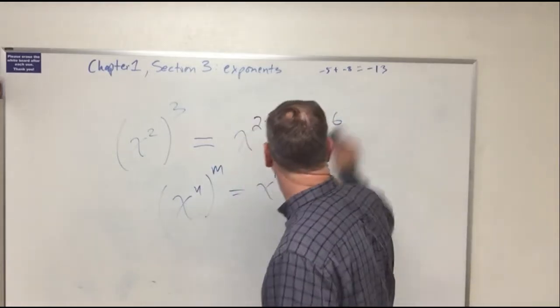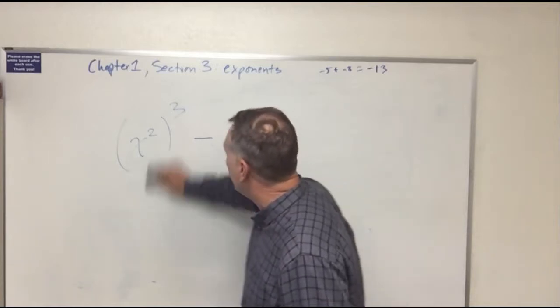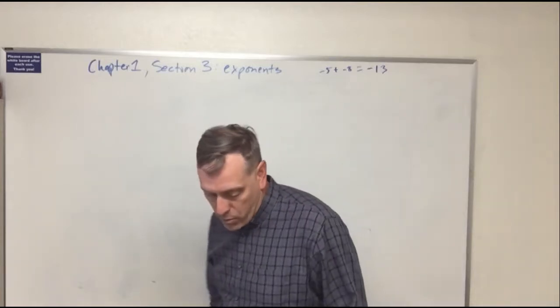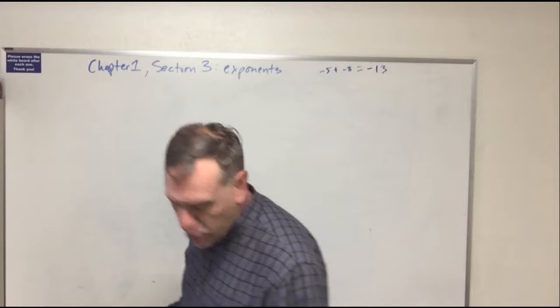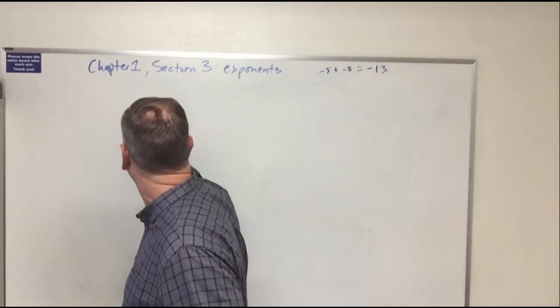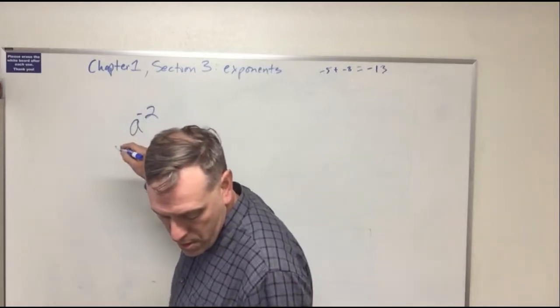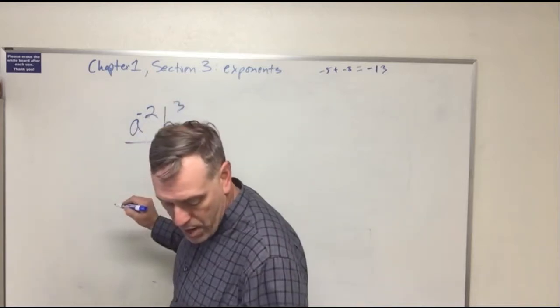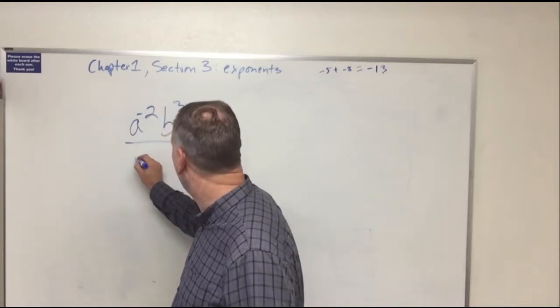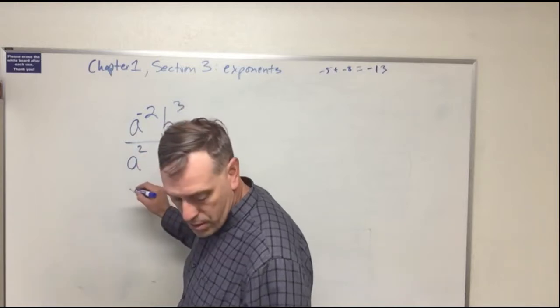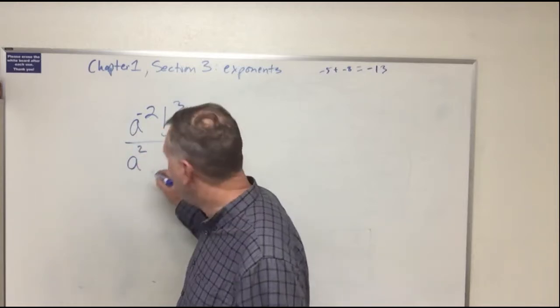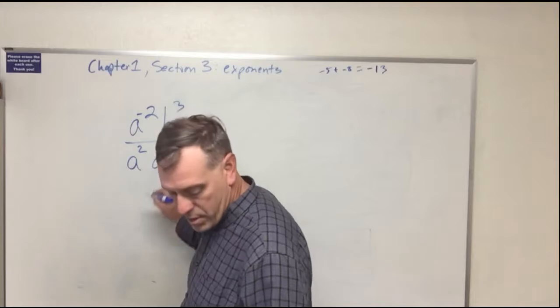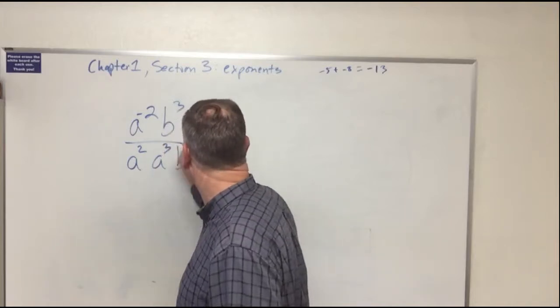Now let's do one a bit more complicated problem with all of this. Let's suppose we have a problem that looks like this: a to the minus 2, b to the third power, divided by a squared, a cubed, and b to the 4th.